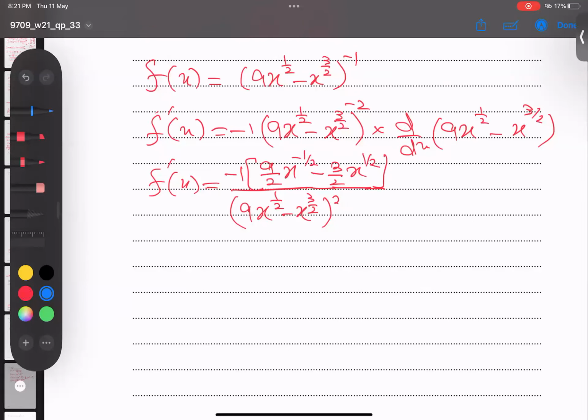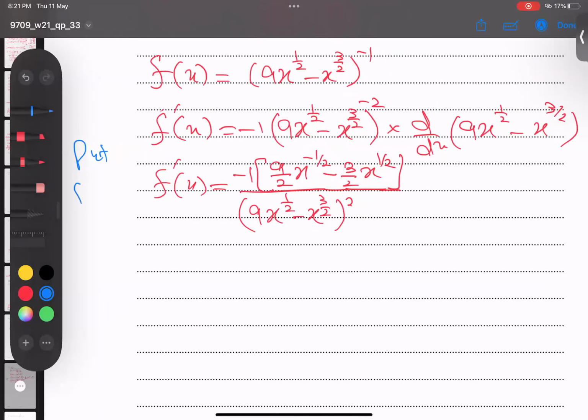Plug in derivative equals to 0. F dash. So I'm erasing from here and saving my step. I'm putting here 0. I'm putting here 0. And this whole thing into 0 will finish automatically.